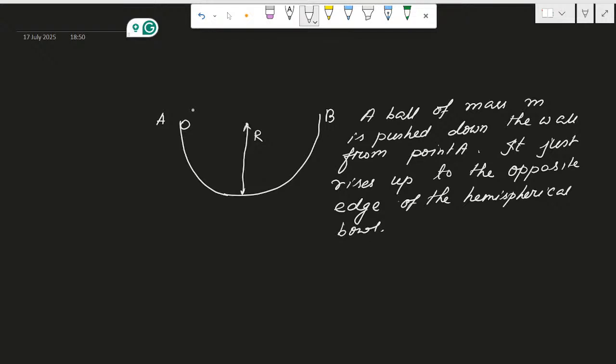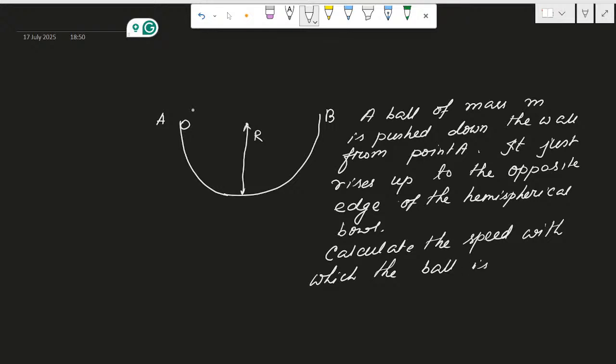Calculate the speed with which the ball is pushed down along the wall.